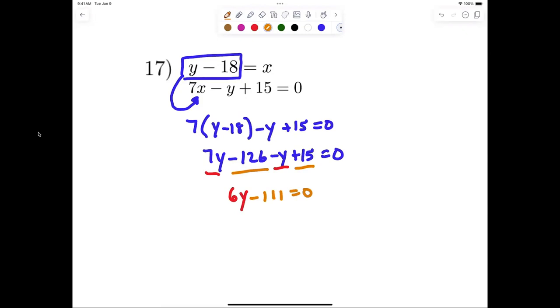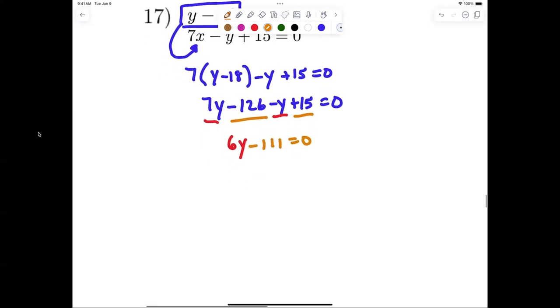Is that right? Now we solve. 6y equals 111. So y is equal to 111 divided by 6. And that doesn't go evenly, so we just have to reduce the fraction. We're going to reduce by 3, right?